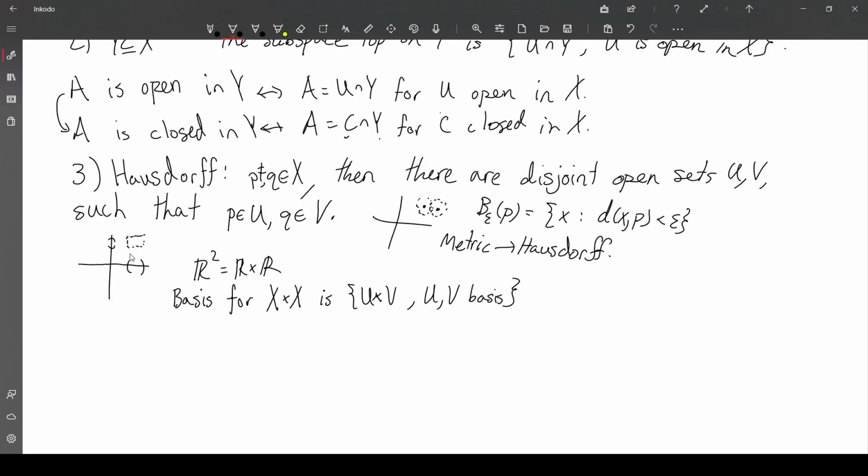So the diagonal is just the set of points in x times x where both entries are equal to each other. So in R2, that just looks like this line, the set of points x comma x.